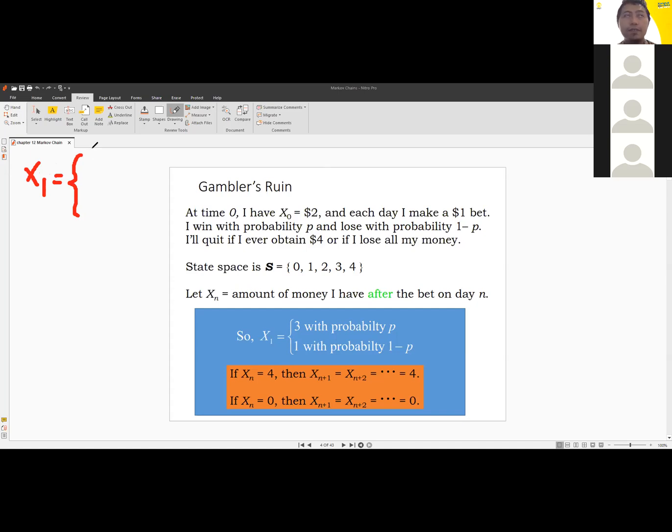The money I have is 3 or 1. 3 is the condition that I win with probability P, and this is the condition that I lose with probability 1 minus P. Okay?